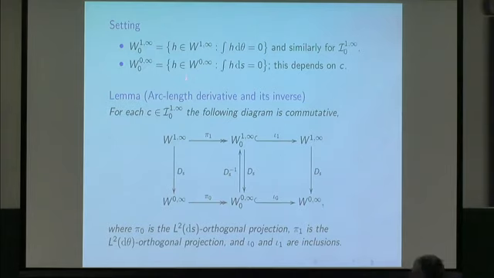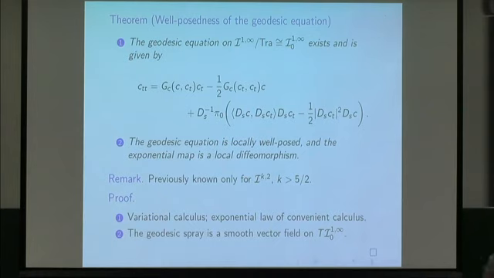So the whole thing is now in the tangent space for a space c, and then we have arc length derivative and its inverse and so on, and we have to really understand the arc length derivative and the inverse of the arc length derivative between these different spaces here. So we really have to look at this in detail, and then we can prove that the geodesic equation exists, and it is given by this form here.